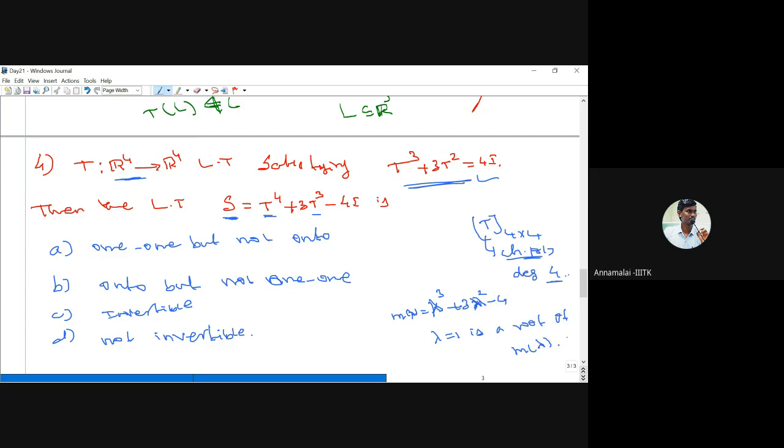Now, this can be split into T cube plus 3 T square. Therefore, we get T cube plus 3 T square, and T cube plus 3 T square is 4I, right?